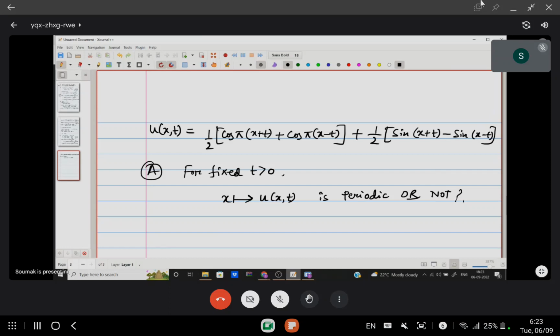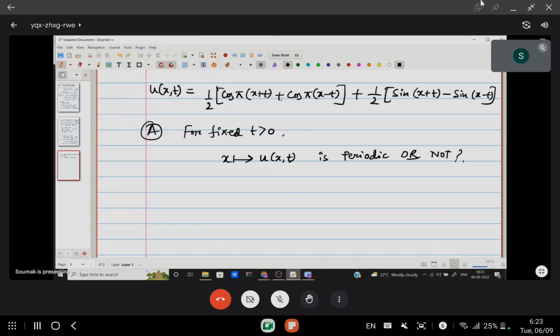So this is option A. What do you think, Nitish? Do you have any idea? u(x,t) is given by this. What is the period? For fixed t, you can consider u(x,t) as a function of cos pi x and sin x only, because t is fixed.